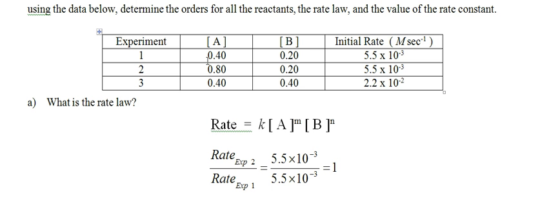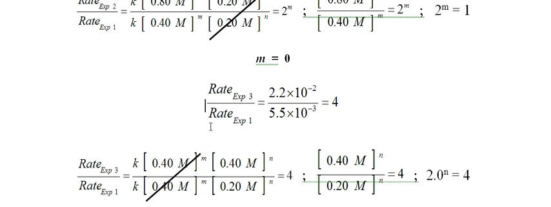Go ahead and look back at your concentrations, plug those values in, and let's solve for n in this case. So we cancel out all like terms. The constant is canceled out. The concentration for A is canceled out since it's 0.4. And then we have 0.4 over 0.2. And again, this 4 right here is from this 4 here.